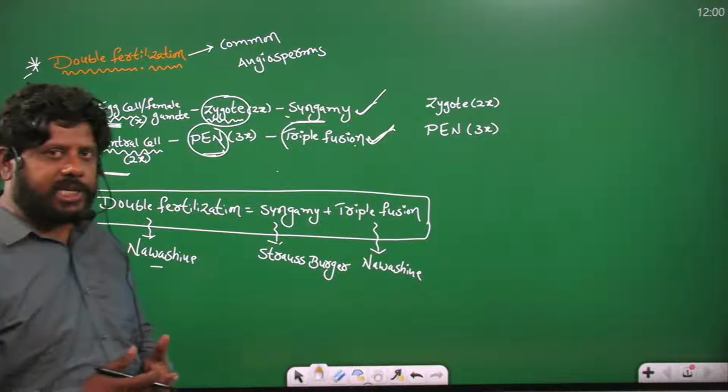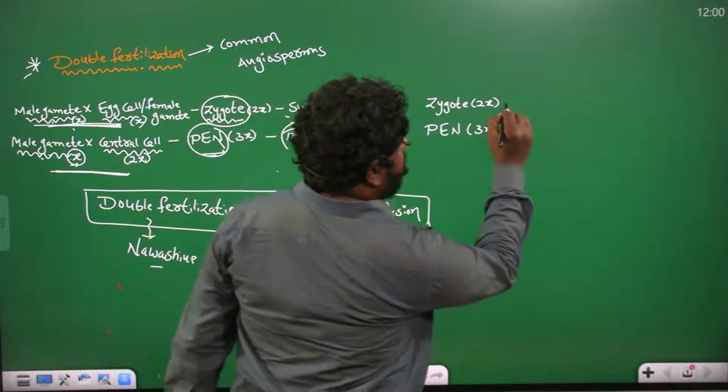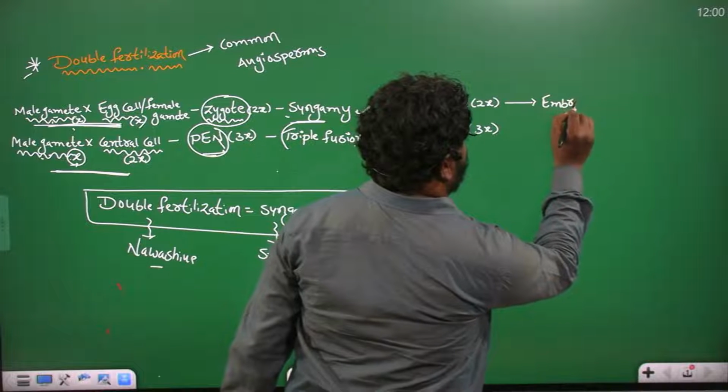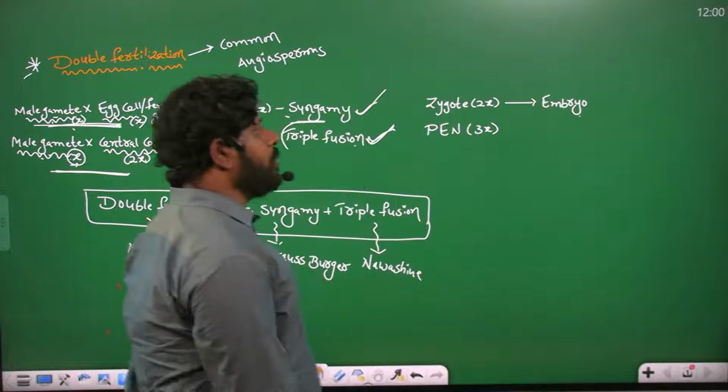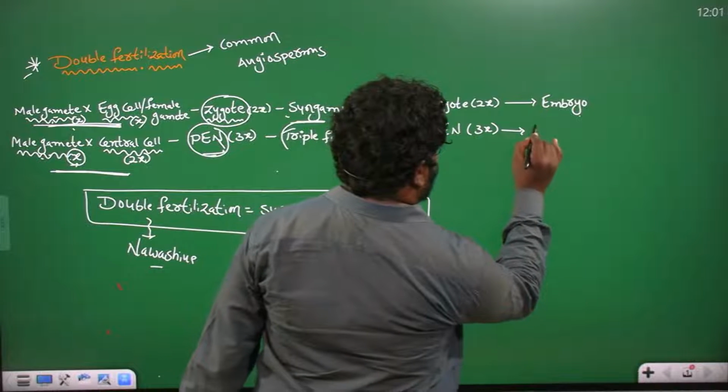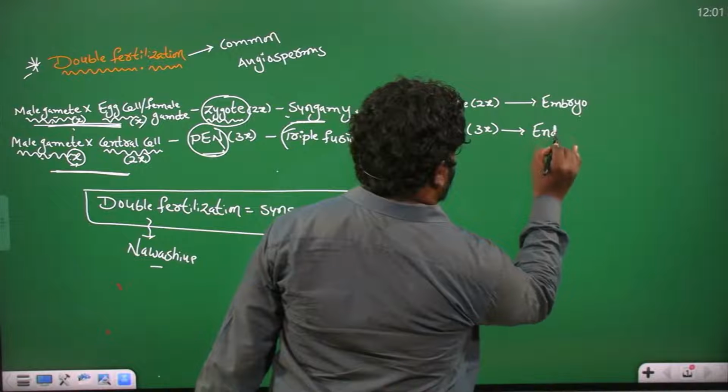In later stages, this zygote is developed into embryo. The zygote developed into what? Embryo. PEN developed into endosperm.